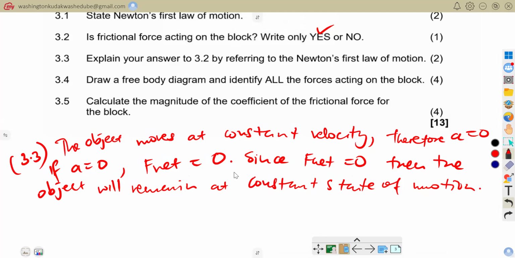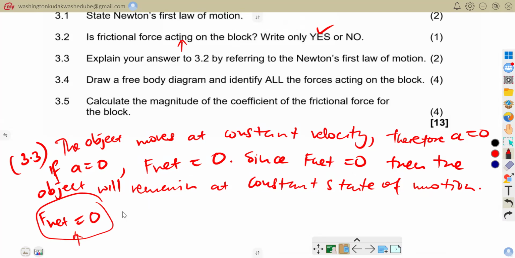However, does it explain why we are saying there is frictional force? Yes, because if net force is equal to zero, then there should be a balancing force on the applied force, so that this can be equal to zero.